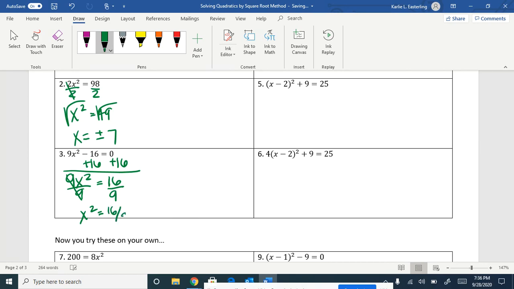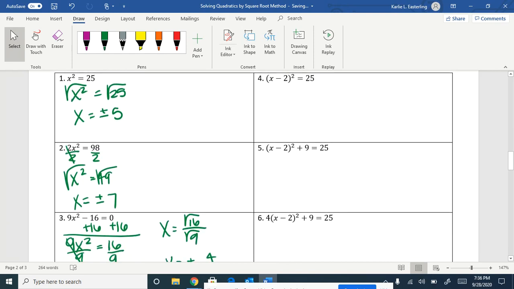We're going to take the square root of both sides, so x equals the square root of 16 divided by the square root of 9. Actually, let's keep working down. You will know that the square root of 16 is plus or minus 4, and the square root of 9 is plus or minus 3. So it'll be plus or minus 4/3.